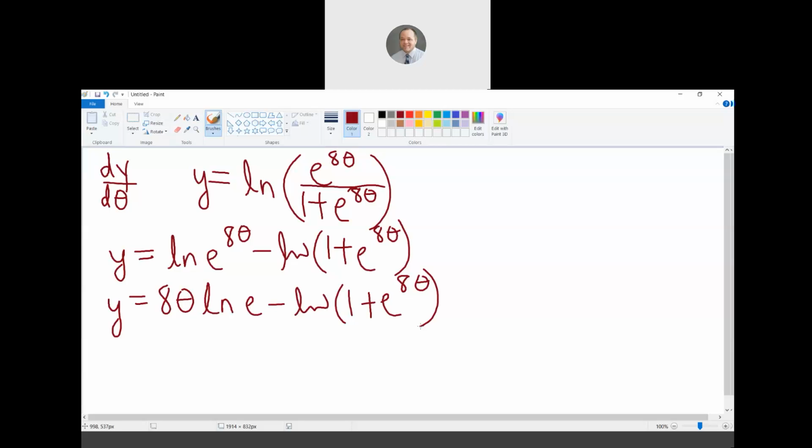Now, we know from algebra that the natural log of e is 1. So really what we have there in the first part is just 8 theta. Now we're ready to take the first derivative. The derivative of y with respect to theta is just dy d theta.